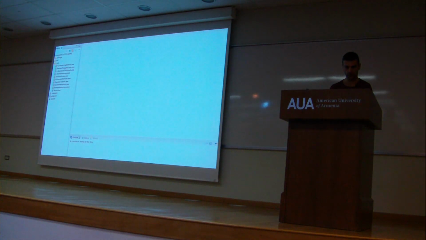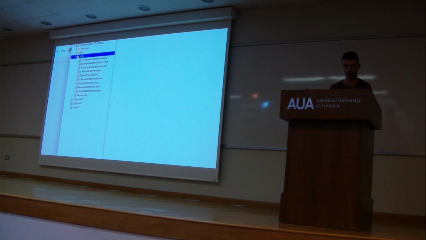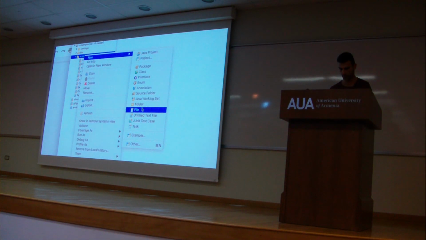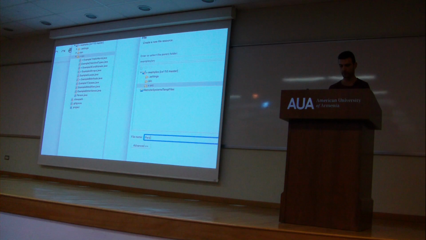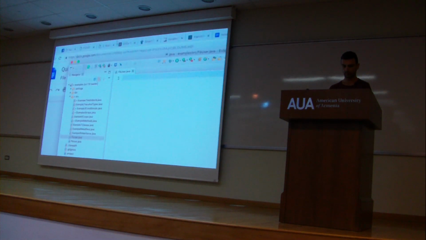Okay, so let's create a file. So let's call it person.java. Oh, Facebook user. How about that? FacebookUser.java. Okay, so public class FacebookUser.